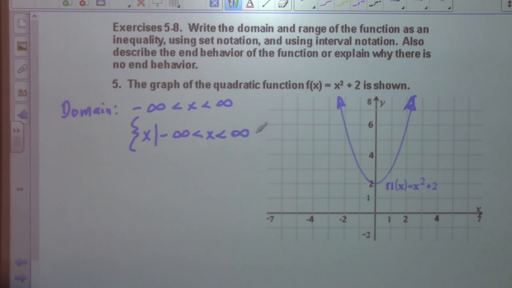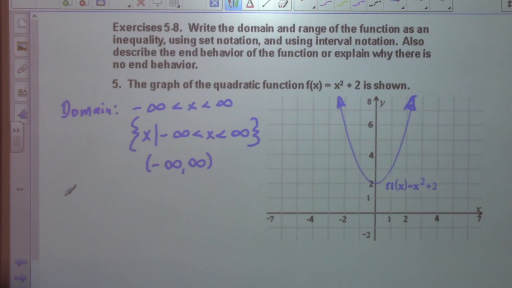And lastly, interval notation is parentheses, negative infinity, comma, infinity, parentheses. Okay, good.